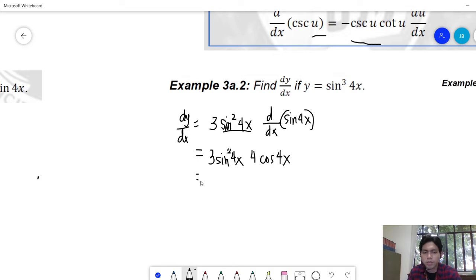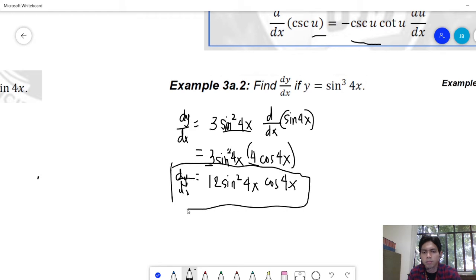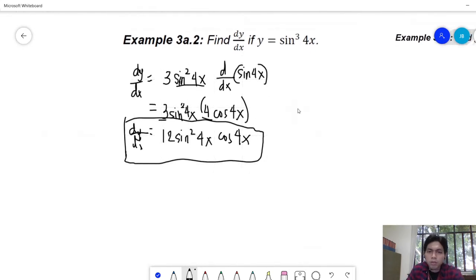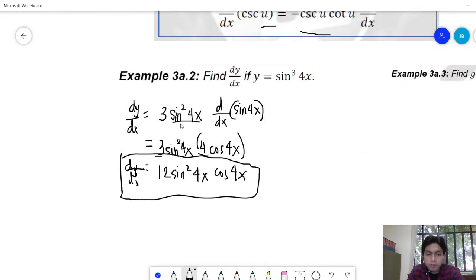So therefore, multiplying 4 times 3, we have 12 sine squared 4x cosine 4x. So this is your final answer, dy over dx. So recap: power rule, then the derivative of sine 4x.